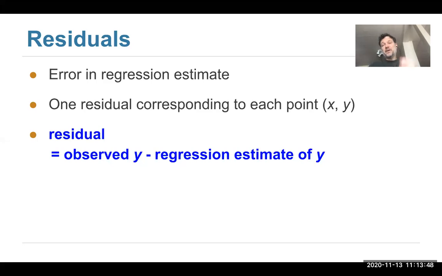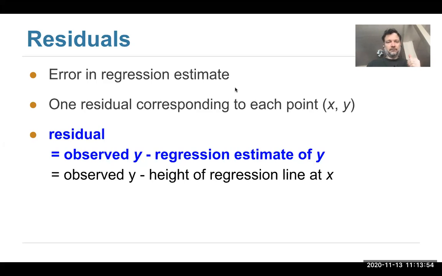So this is the difference between the actual value of y and the prediction you would get from the line. Okay, so the prediction you get from the line is the height of that line at the x value. So this is the difference between the actual point and the height of the line. It's the distance between this point and the line, the vertical distance between the point and the line. That's the residual.